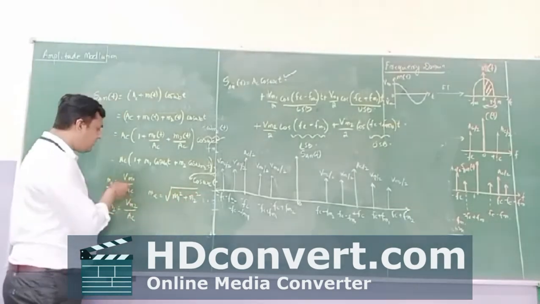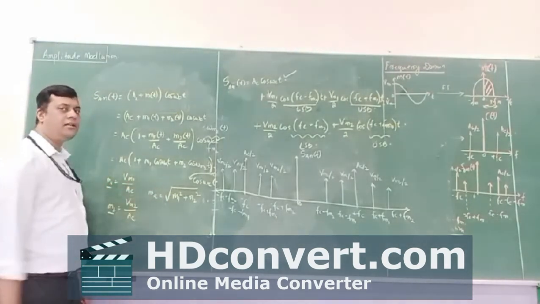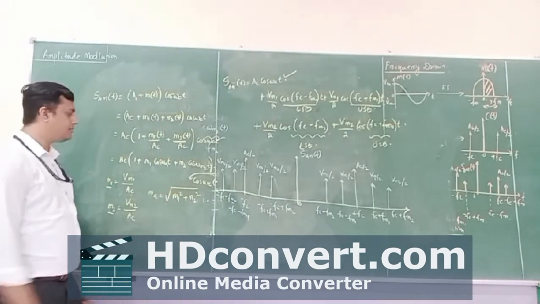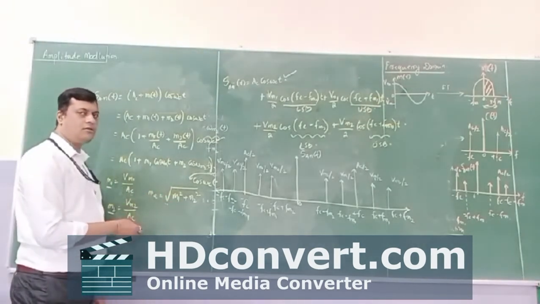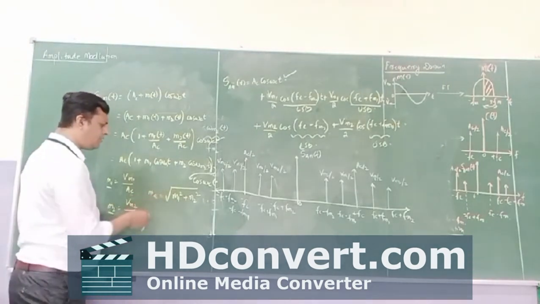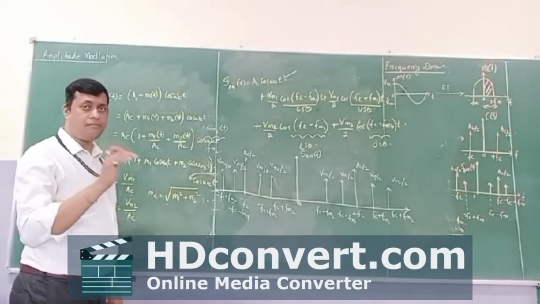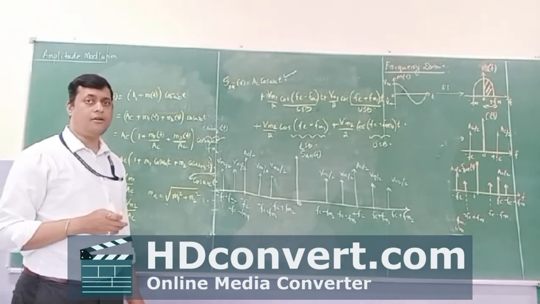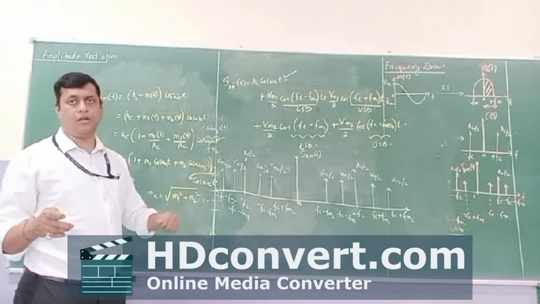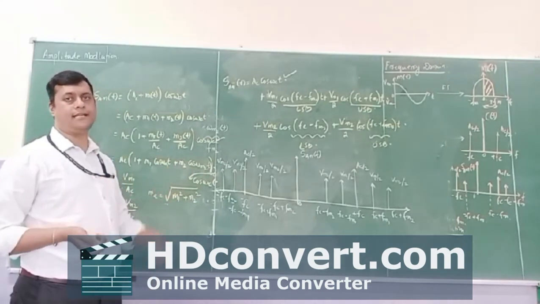Whatever modulation indices we have got from these two relations, simply take the square root of the sum of the individual squares. Now here we have considered only two, but if more than two modulating signals are available, or in a particular modulating signal there are three or four different frequencies, that means three or four modulation indices will be there.